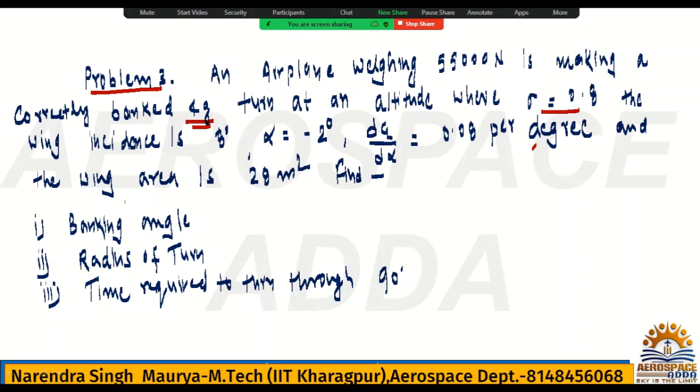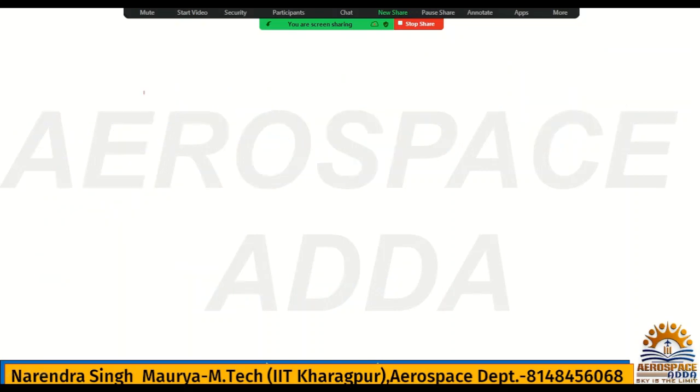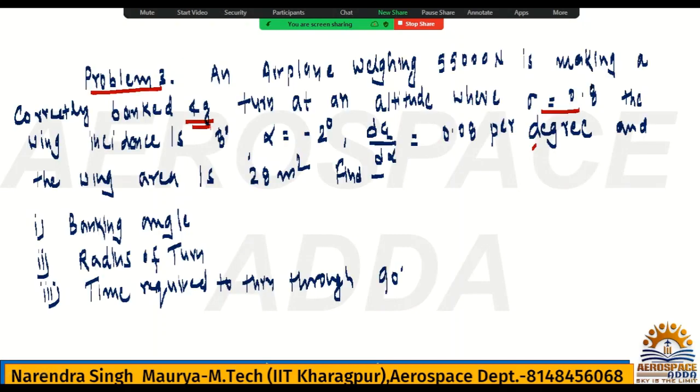Okay, dCL by d alpha is slope, which is given 0.08 per degree. So the wing area is also given 28 meter square. So first we'll write the given data. Okay, what they have given to us, first we'll write this.